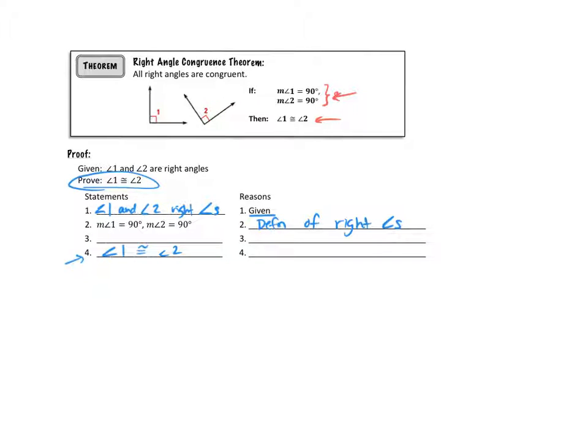So that must be what comes in the middle, that the measure of angle 1 equals the measure of angle 2, which, going from 2 to 3, I can see that measure of angle 1 equaled 90 degrees, measure of angle 2 equals 90 degrees. So because of the transitive property of equality, I can do that. You might also call this one substitution.